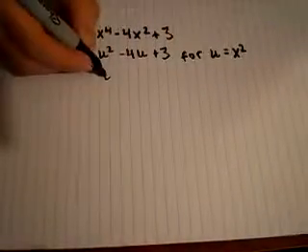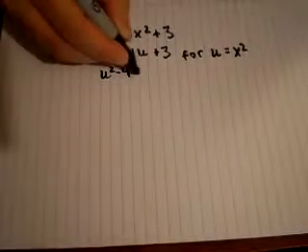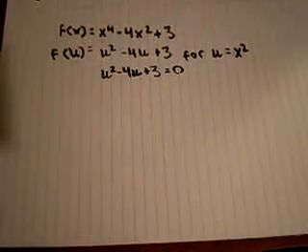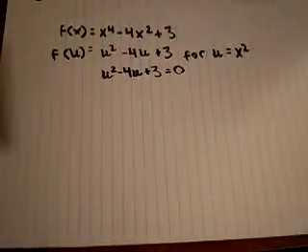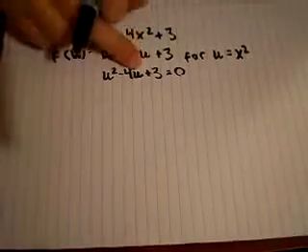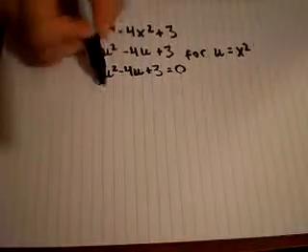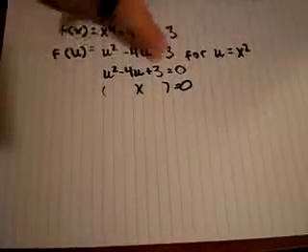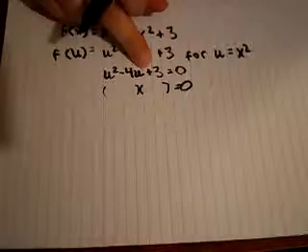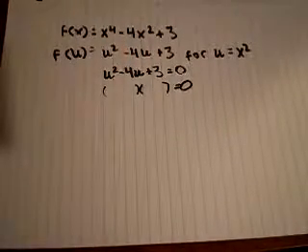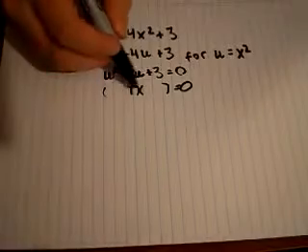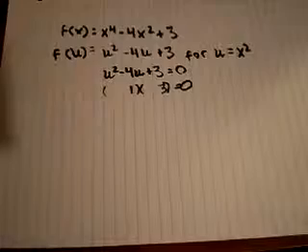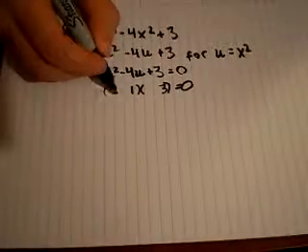I'm setting this entire thing equal to 0, and in this case I'm solving for u. So squared term, that term, number. Is it easily factorable? Are there two numbers of 3 by multiplication that can make a negative 4 by addition? Yeah, a 1 and a 3. Instead of saying xx, I'm going to say u.